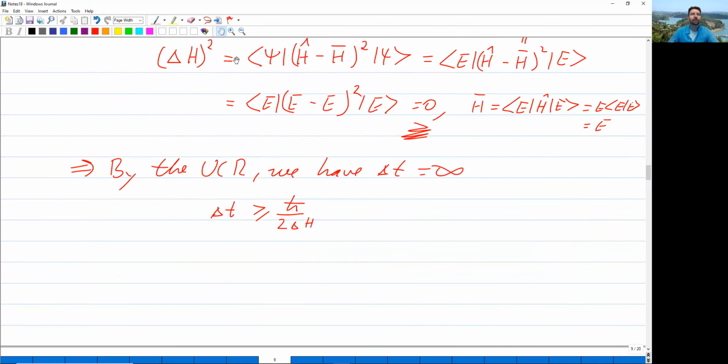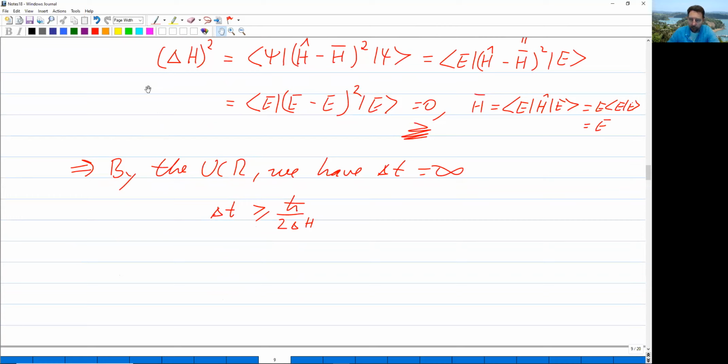Because it means that if we know the energy of a quantum system, if the system is in an energy eigenstate, then it appears that no matter how much patience you have, you will never see that the mean value of any observable changes by a standard deviation. In fact, the mean value of any observable is completely frozen. The entire system is frozen.